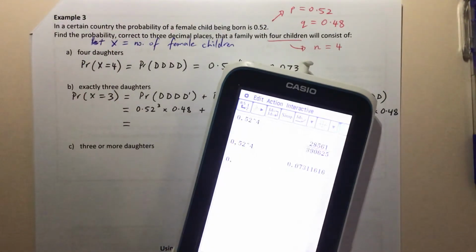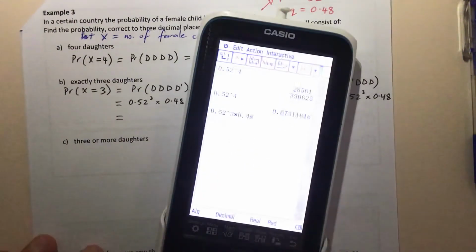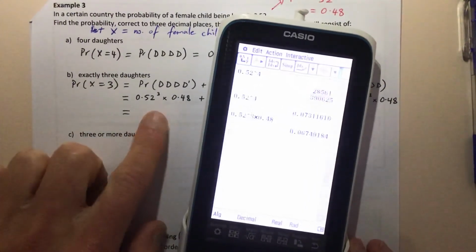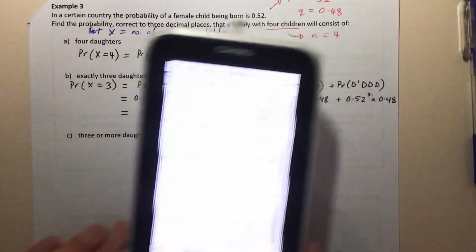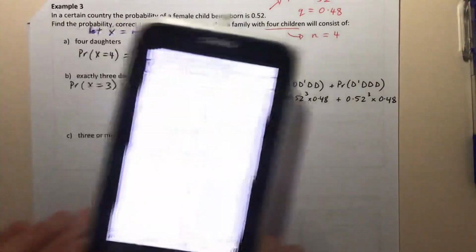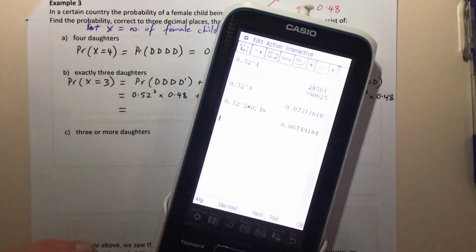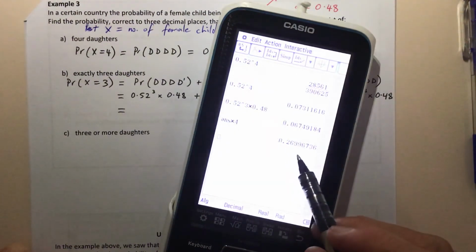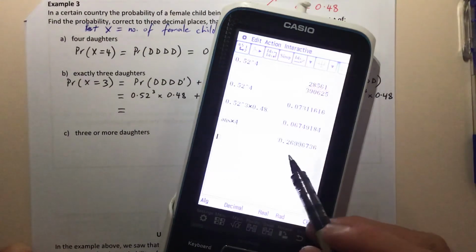It was 0.52 to the power of 3 times 0.48, and that equals 0.067 and the rest. Now that's one of them, but rather than add the same number 4 times, I'm just going to multiply that answer by 4, and that gives me 0.2699. Now to 3 decimal places, that's going to round to 0.270.